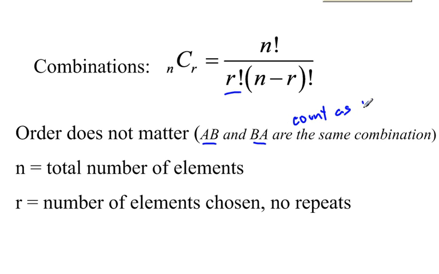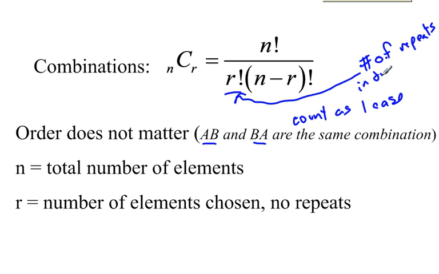And so we have to divide by r factorial. This is the number of repeats, so number of repeats in different orders. N is still the total number of elements, and r is the number of elements chosen.